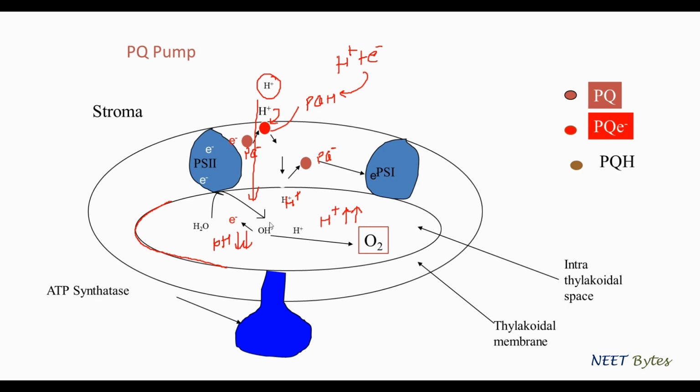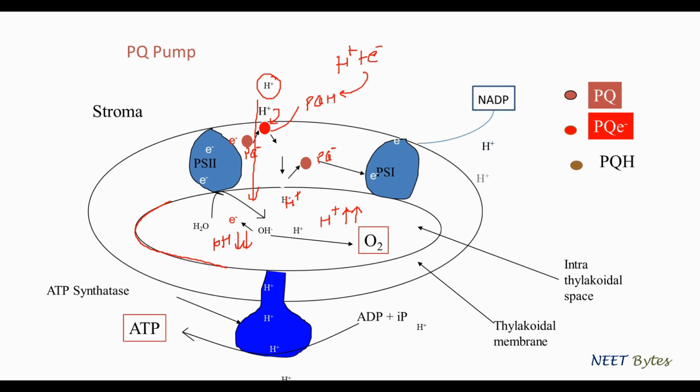Okay, there is only one place from where the hydrogen ion can cross, and that place is what we call ATP synthetase. So just see, the hydrogen ion is crossing. The moment the hydrogen ion crosses, energy is released, and that energy is utilized for coupling of ADP and inorganic phosphate, and as a result ATP is formed.